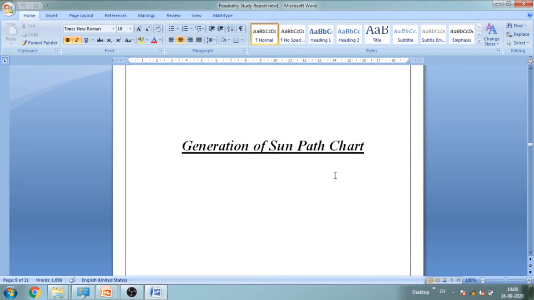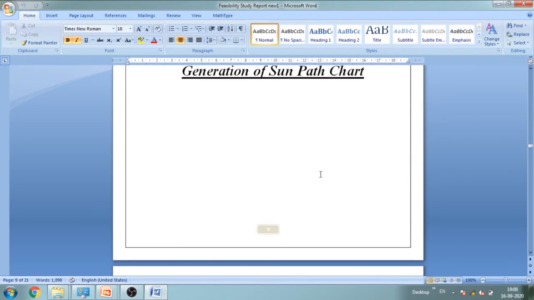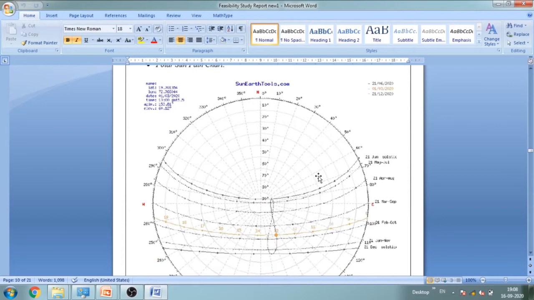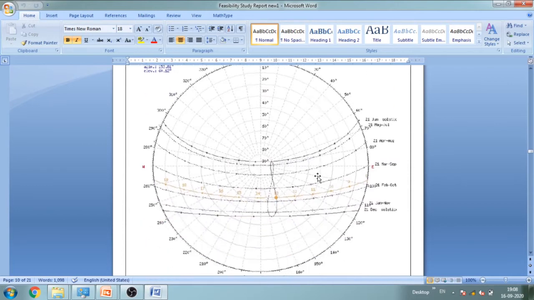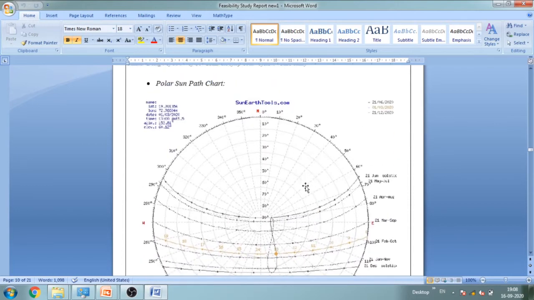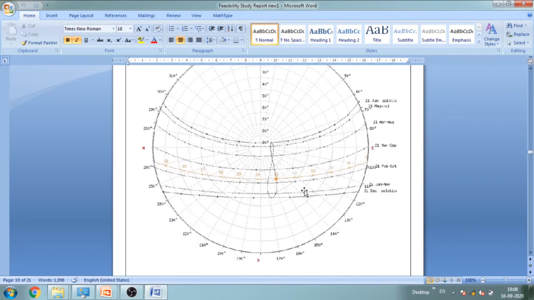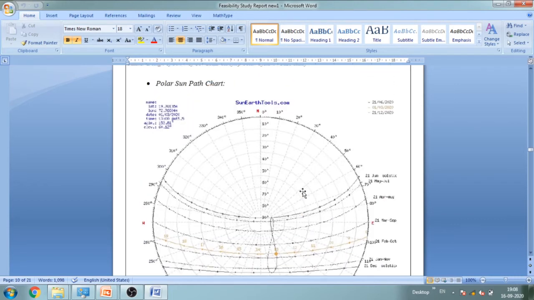The third parameter is the generation of the sun path chart. We need to generate the sun path chart from sunearthtool.com. From this we can easily generate the sun path diagram. Here we only need to mention the latitude and longitude of the site, the date for which we are generating the sun path diagram, and also the time.